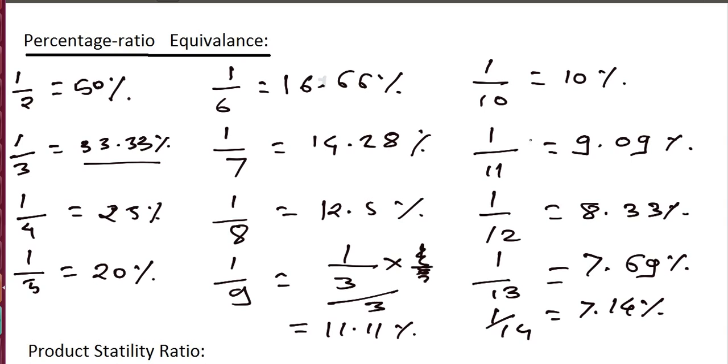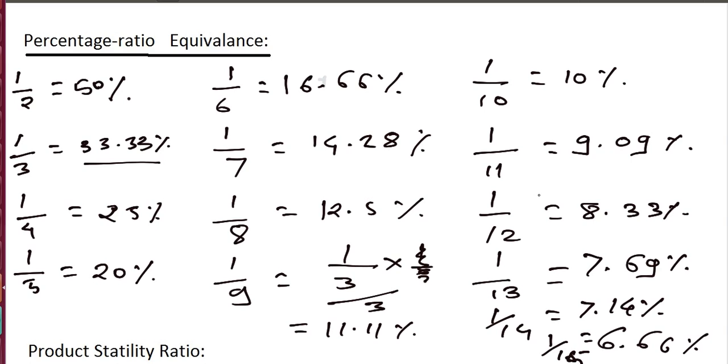Now 1/15 we have to remember. 1/5 is 20%, so 1/15 is 1/5 divided by 3, that is 20% by 3, which is 6.66%.